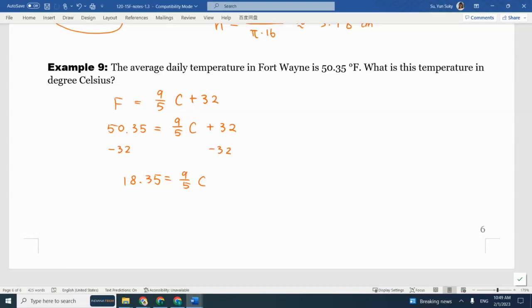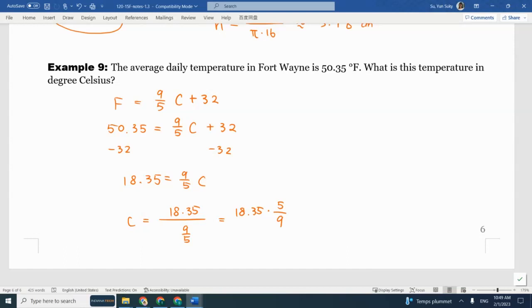Okay, what is C? What do we want to do? Yeah, very good. So 18.35 divided by 9/5. Do you know dividing by 9/5 is the same as multiplying by its reciprocal? So you are multiplying by 5/9. When we divide by a number, it's the same as multiplying by its reciprocal. When you plug it into your calculator, if you want to put 9/5, you need parentheses.